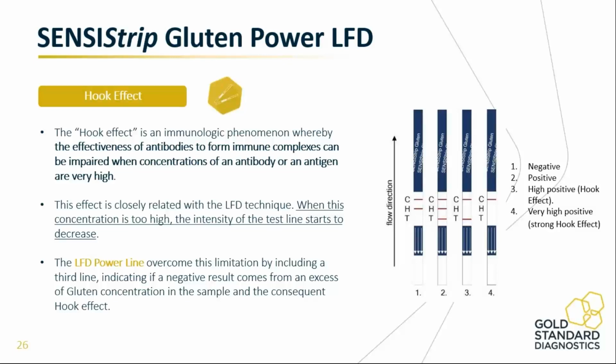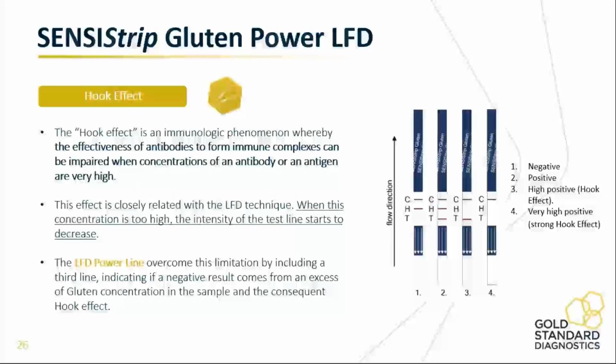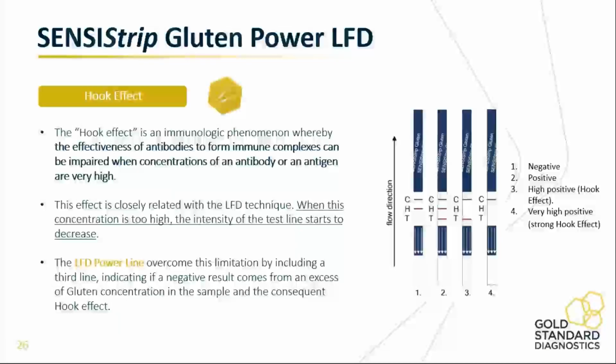As you can see here, now instead of having only two lines, we have three lines: the test, the hook, and the control line. Of course, the control line needs to appear always because it means that the test has been done properly. If it does not appear, it means that something has happened and you need to repeat the testing.